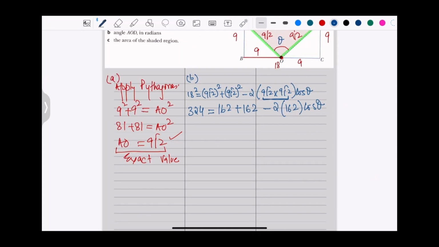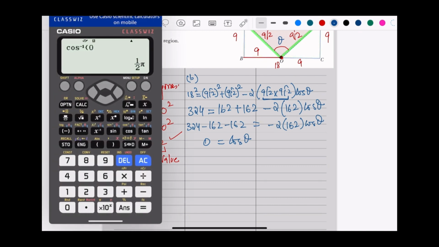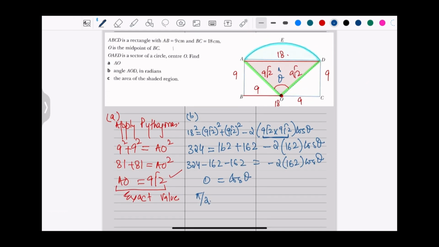So if I subtract 324 minus 162, it is equal to minus 2 times 162 cos theta, this gives you 0, and eventually the whole thing becomes 0, and cos inverse of 0 is pi over 2. So the angle here is pi over 2, which in degrees is 90 degrees.